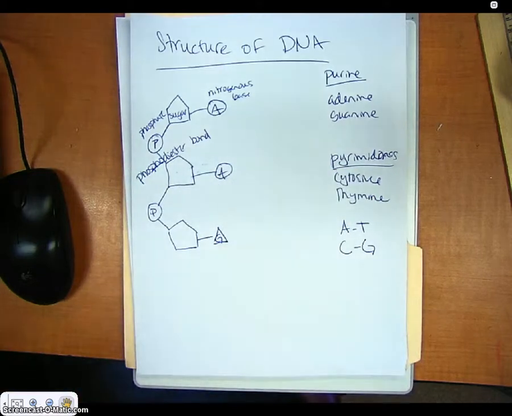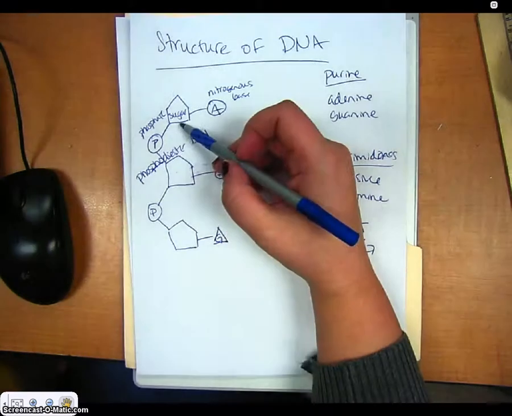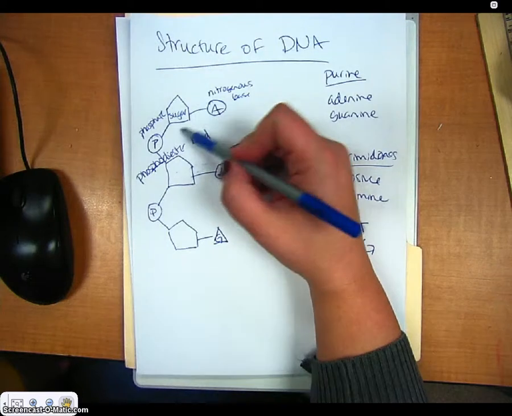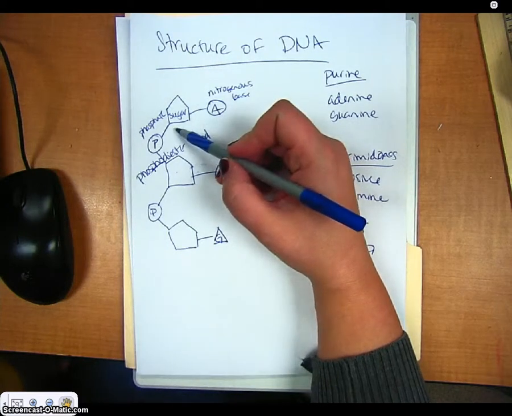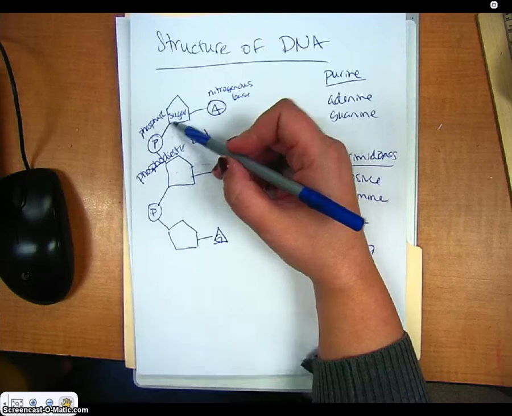Now, DNA also has a directionality to it, and it's given its directionality based on where the phosphate is bonding to the sugar. So in organic chemistry, we number the carbons, and give each carbon in this five-sided sugar ring a number.